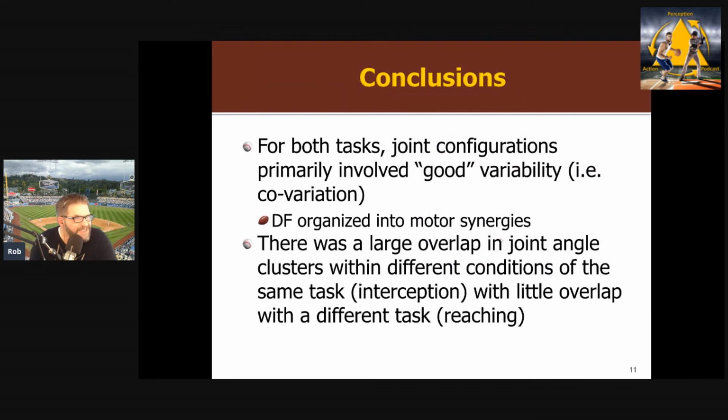So for both of these tasks, we're seeing joint configurations that primarily show good variability, like covariation. Degrees of freedom are being organized in terms of motor synergies. We're seeing a large overlap within the different conditions. Okay, so within the different types of interception, there's large overlap in the location of these synergies, but there's little overlap when you create a different task, reaching.